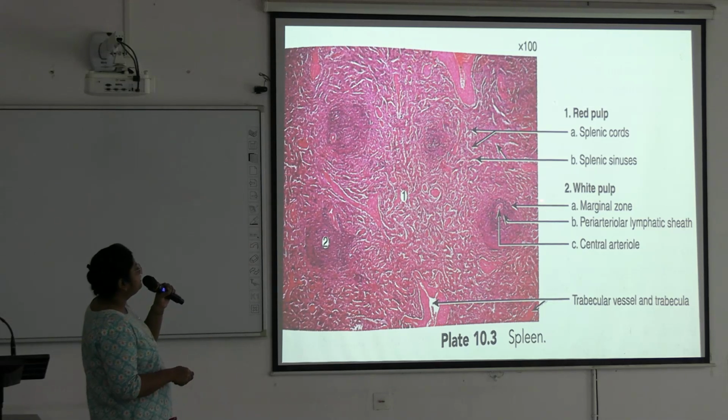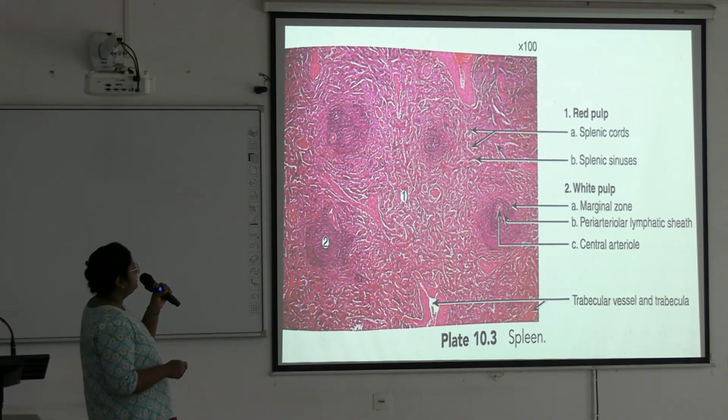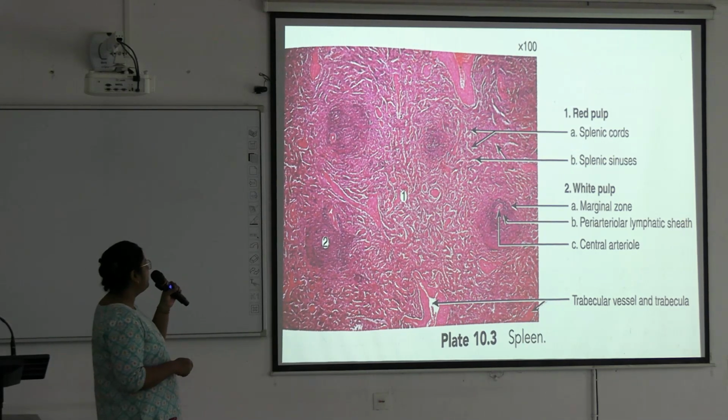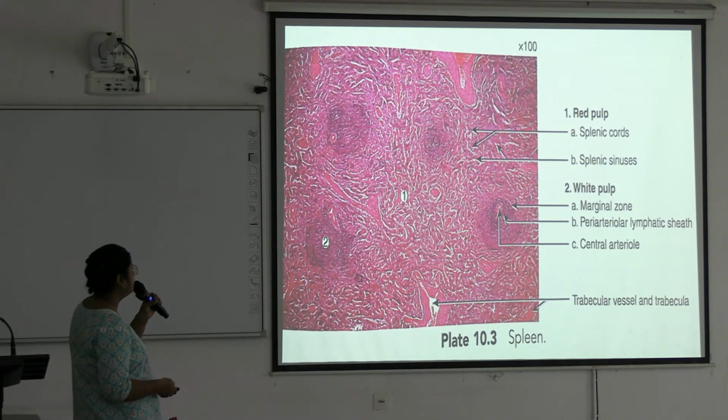T cells are at the center, B cells in the middle, and antigen presenting cells in the periphery. The rest of the areas form the red pulp containing the splenic cords of Billroth and the splenic sinuses. Mainly these white areas are the sinuses. Next.